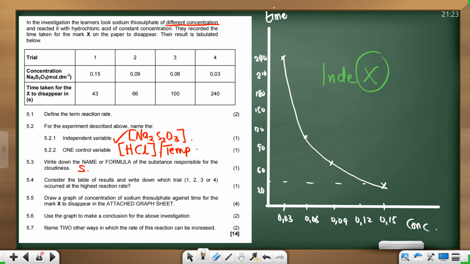Use the graph to make a conclusion. What would you say? What would be your conclusion there? What would be your conclusion? The rate of reaction would increase, right? As the concentration of sodium thiosulfate increases. The rate of reaction would increase as the concentration of sodium thiosulfate increases.